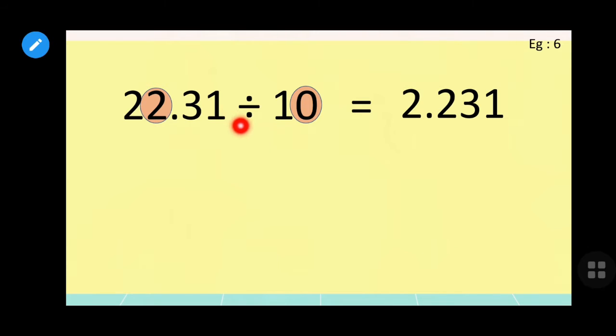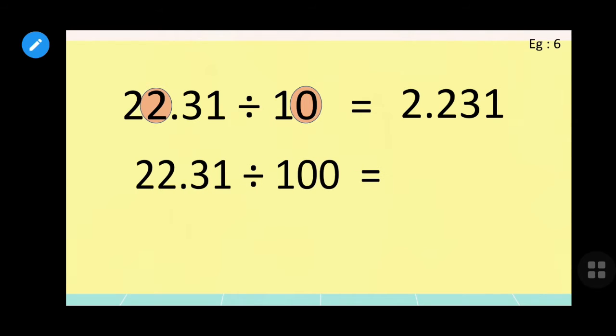When you have division, the decimal point should move forward. See, this decimal has shifted forward, so it has become 2.231. Why did it move only one place forward? Because 10 has only one zero.